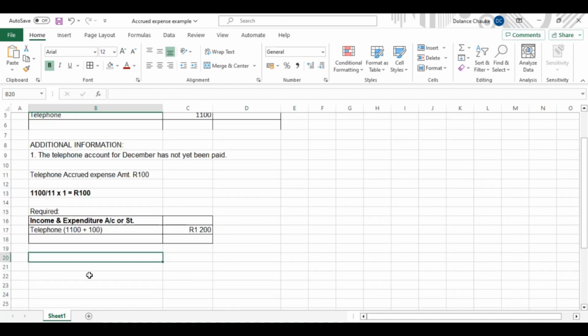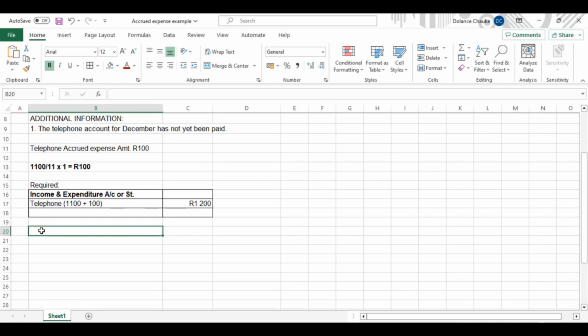And then let's say again you are required to prepare the receipts and payments account or statement.